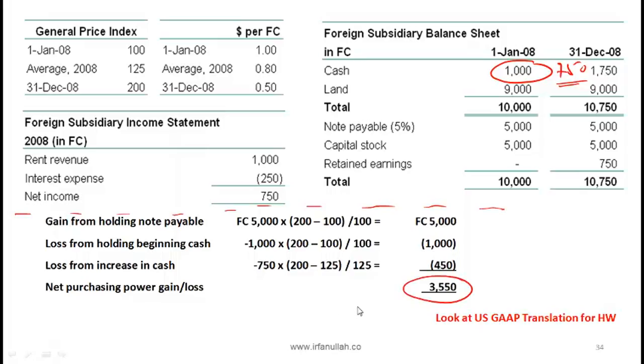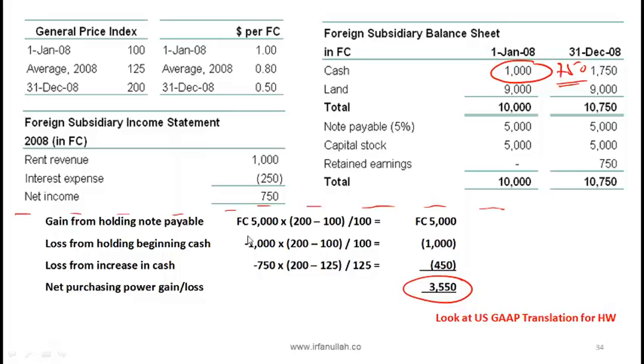Why did we have an overall gain? Because our monetary liability was more. So what is the moral of the story here? That if you are operating in a highly inflationary environment, then you make sure that you issue fixed rate bonds, and those should be much higher than the cash. You should keep very low cash and issue fixed rate bonds.